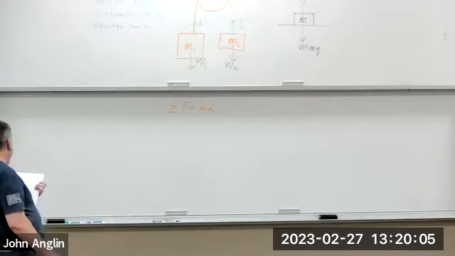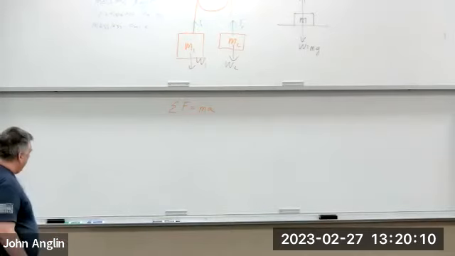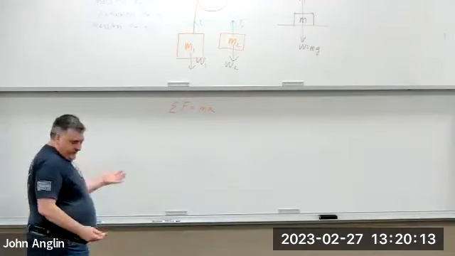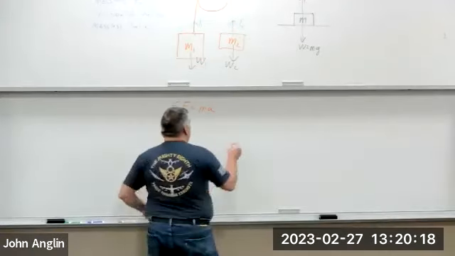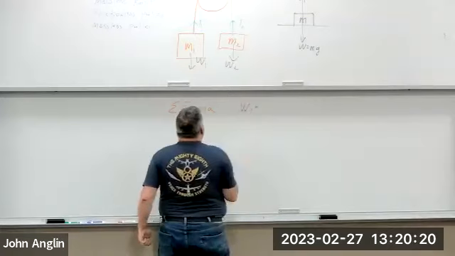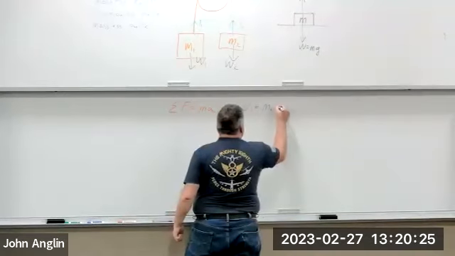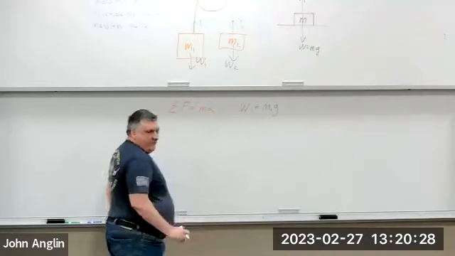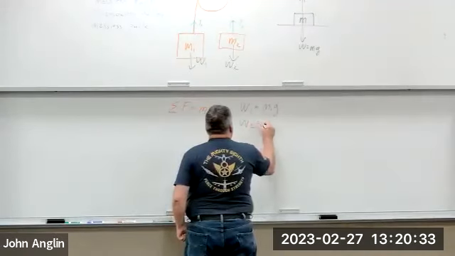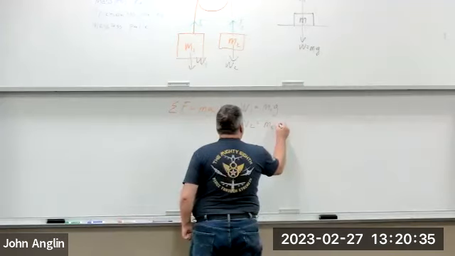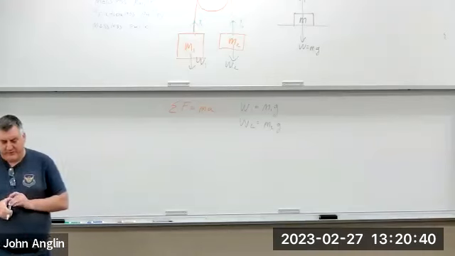But if we look at one side of this equation, we already know a couple of things. We know that the weight of one, W1, is just equal to whatever mass one is times the acceleration due to gravity. We know that weight 2 is just m2 times the acceleration due to gravity.